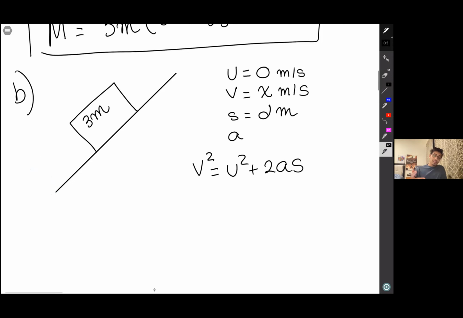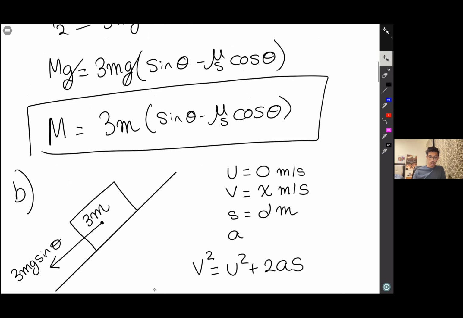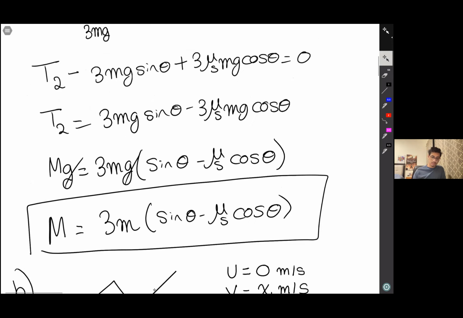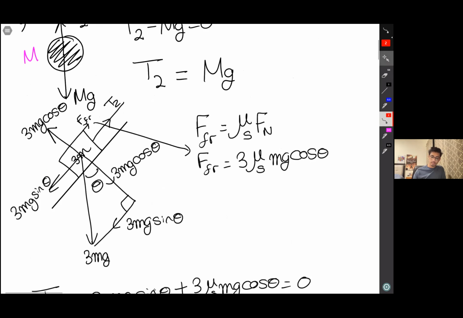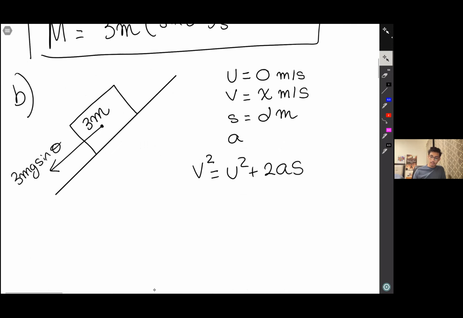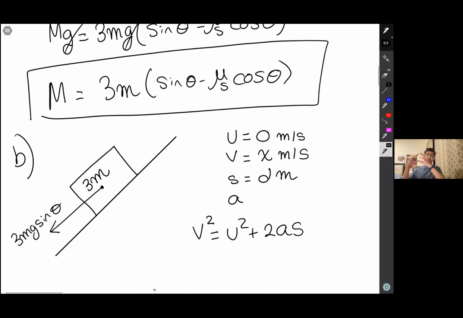Okay, so if you remember from the last part, we saw that the component of gravity acting down the incline was 3 mg sine theta. I showed that up here, 3 mg sine theta. Once again, because the whole system is moving downwards, we're going to get friction acting opposite to it.